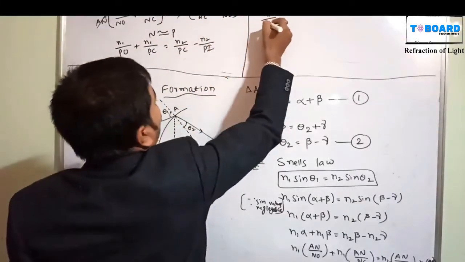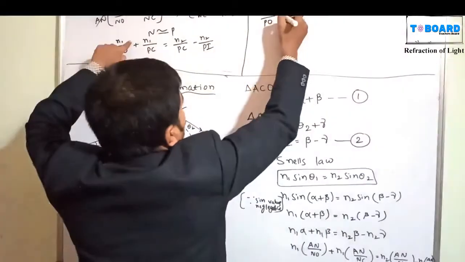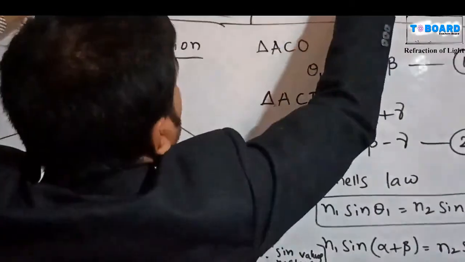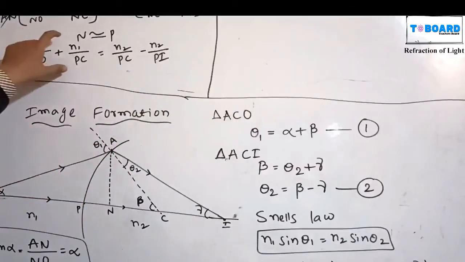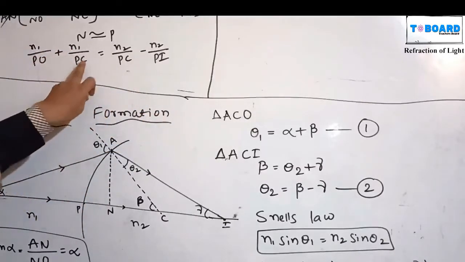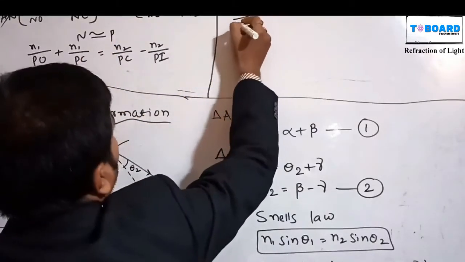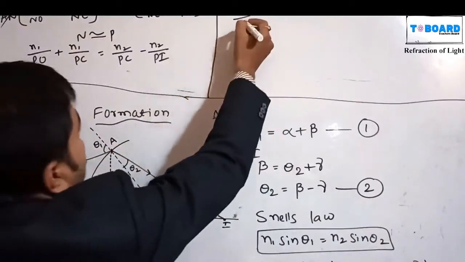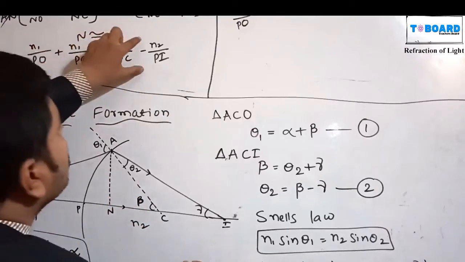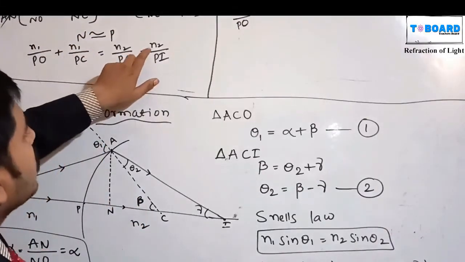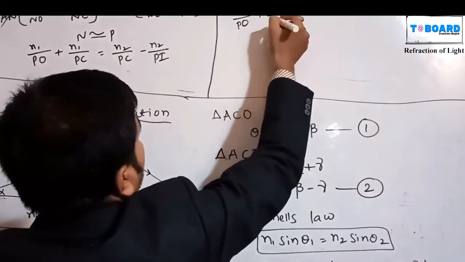N1 by PO stays, and the minus term moving outside of the equal becomes a plus, so plus N2 by PI.